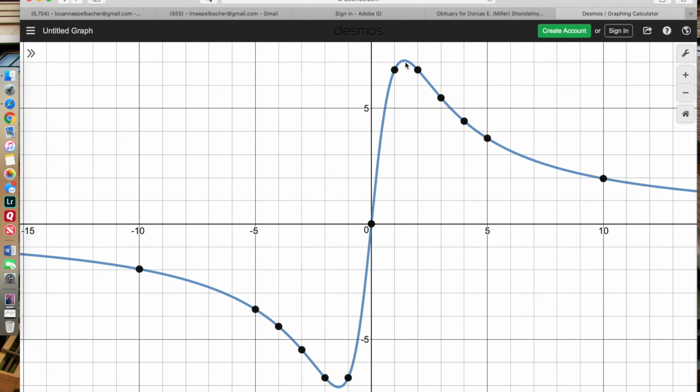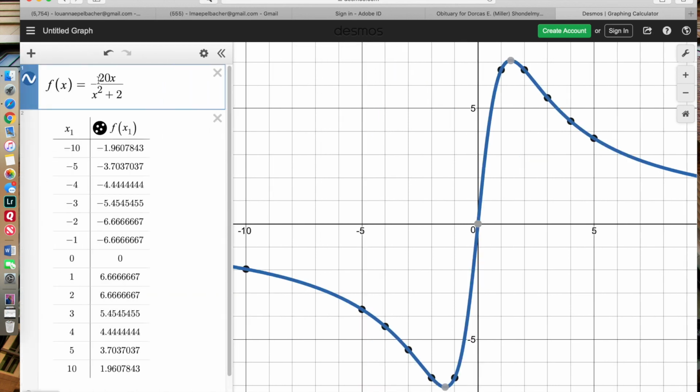So if we were to rotate it, this point would become that point. And if you substituted -x here and -x here, the entire f of x would be negated. Not that you needed to know that. I just think it's cool.